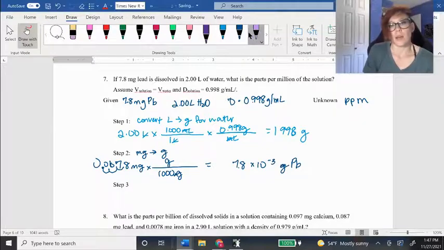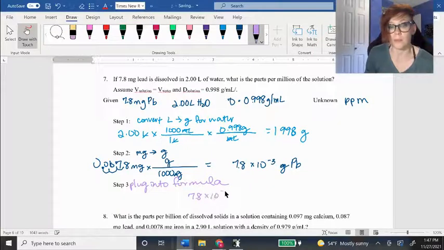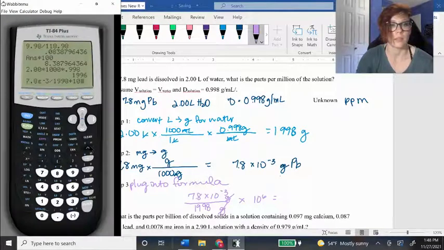Your last step is to plug into the formula. So 7.8 times 10 to the minus 3 divided by 1,998 grams. So grams are canceling out, and then that's times 10 to the 6th, because it's parts per million.